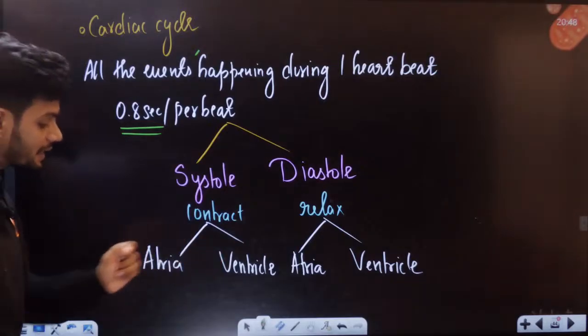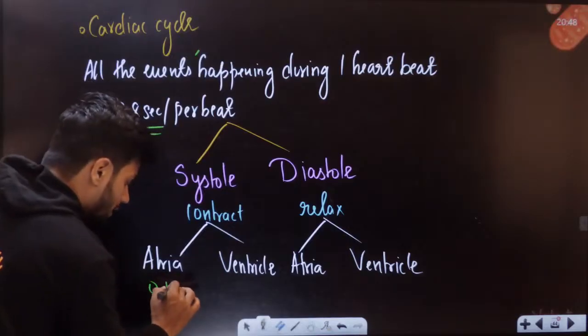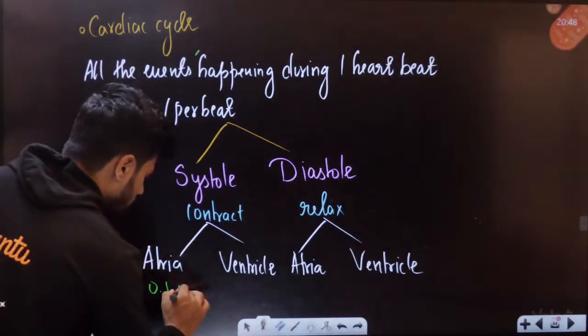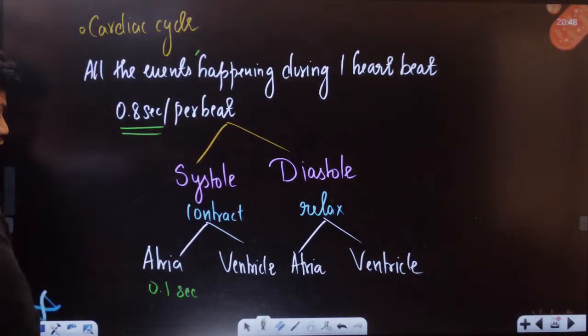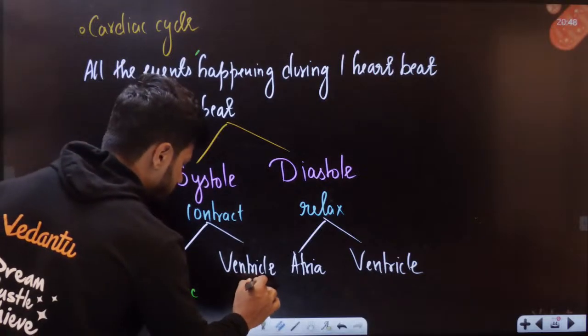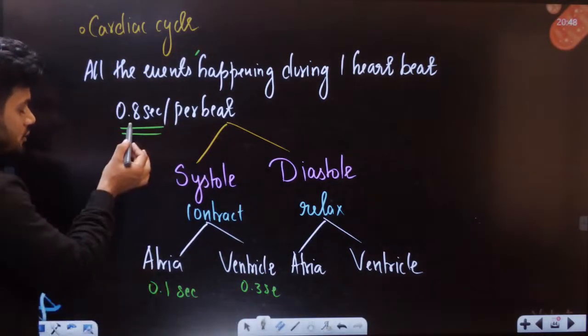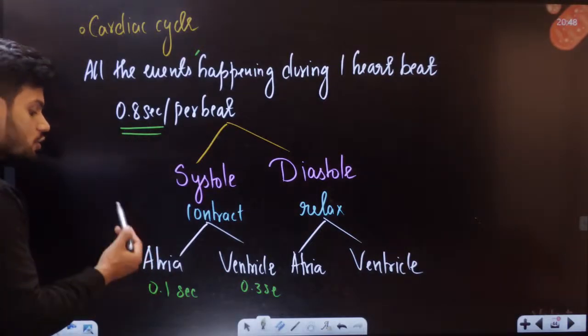How long does the ventricle take, students? Atria takes just around 0.1 second to contract. While, students, the ventricle will take 0.3 seconds to contract. Now 0.1 second is done. How much is left out of 0.8? 0.8 minus 0.1 is 0.7.